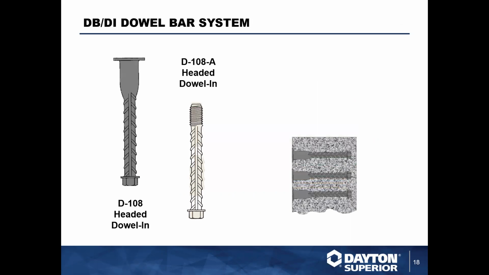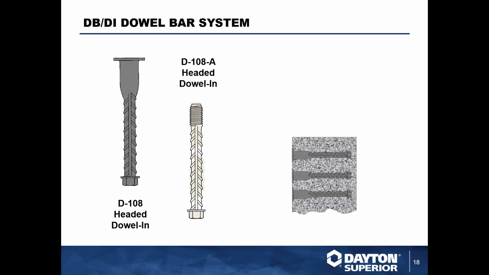We also can do a couple of different things here with the Dalbar system. We have a structural embed anchor system and the D108 headed dowel system. The D108 system is basically a female system that can be used as a structural embed for any shelf angles, et cetera, that need to be attached to it, so long as the wall thickness is thick enough.